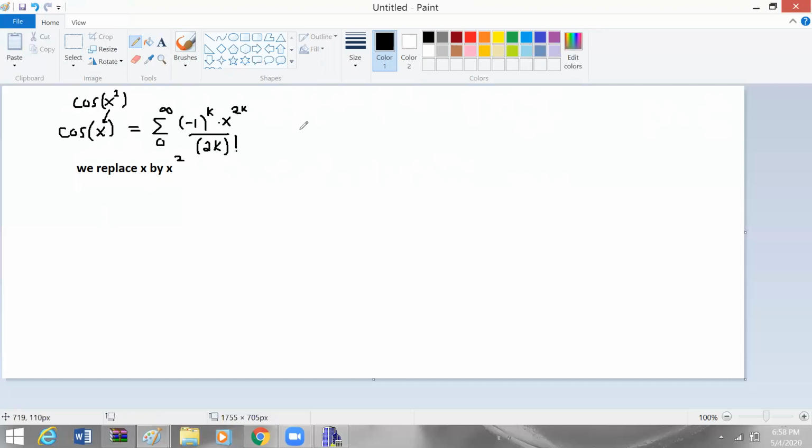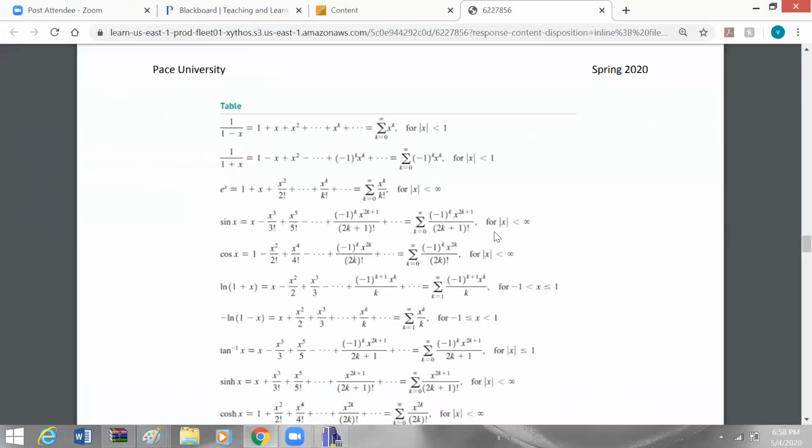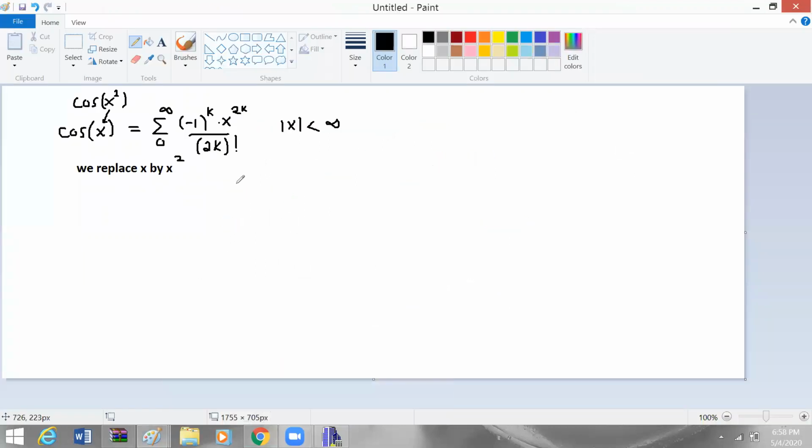And remember that the power series in this case converges for x going to infinity. x can be any value. So the radius of convergence, I will let you know what it is. Remember that for sine and cosine, we have no restriction on x. But for some other series, we have to make sure that the absolute value of x is less than 1 for the radius of convergence. So for sine and cosine, this is what we need to do.